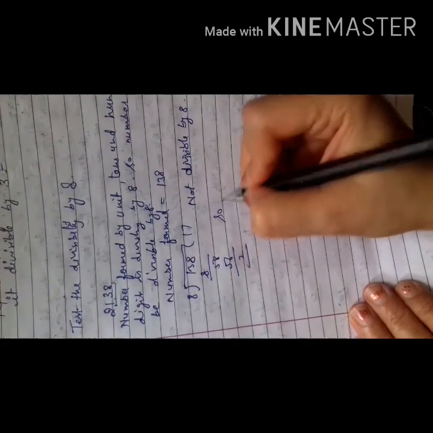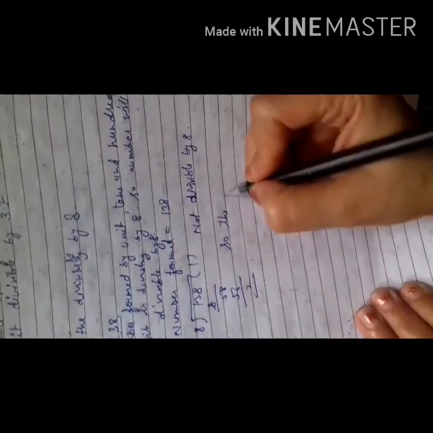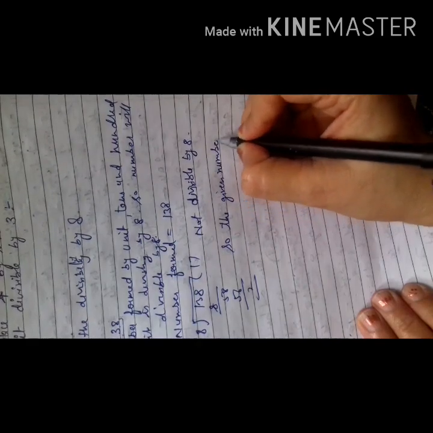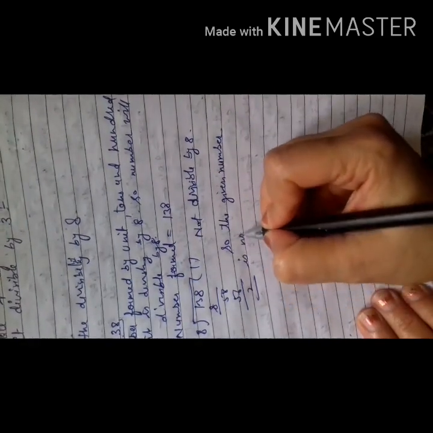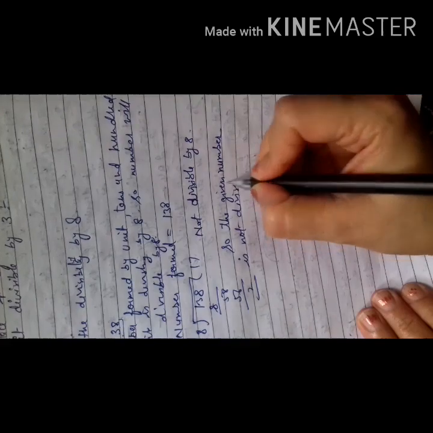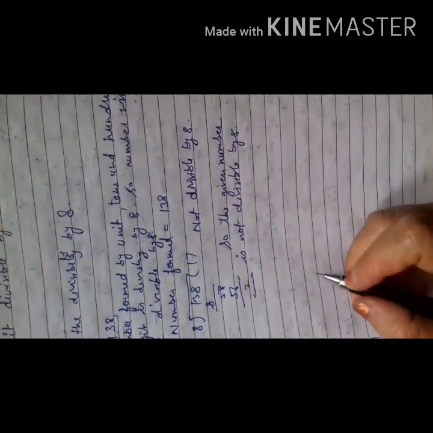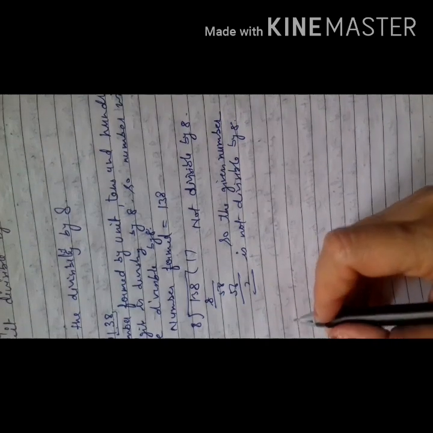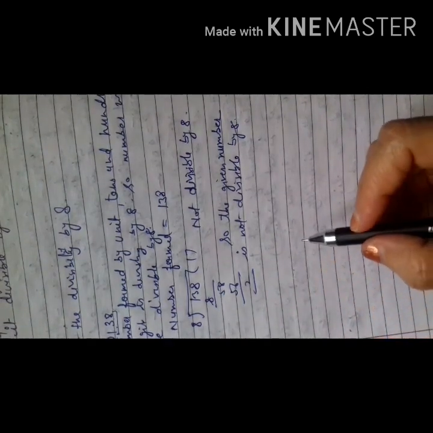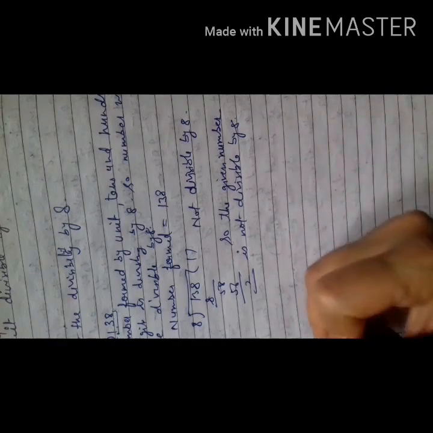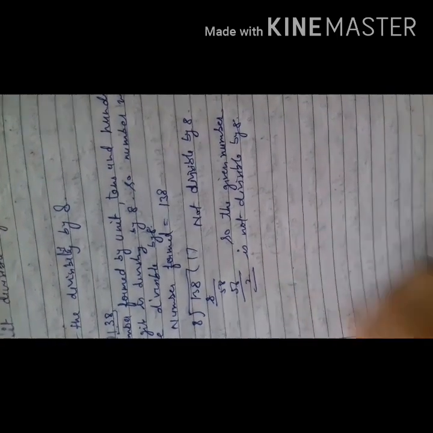So the given number is not divisible by 8. Like this, you have to check the divisibility by 8: take the unit, tens and hundreds digits, 3 digits, and divide that by 8. If it is divisible by 8, then the number will be divisible by 8.